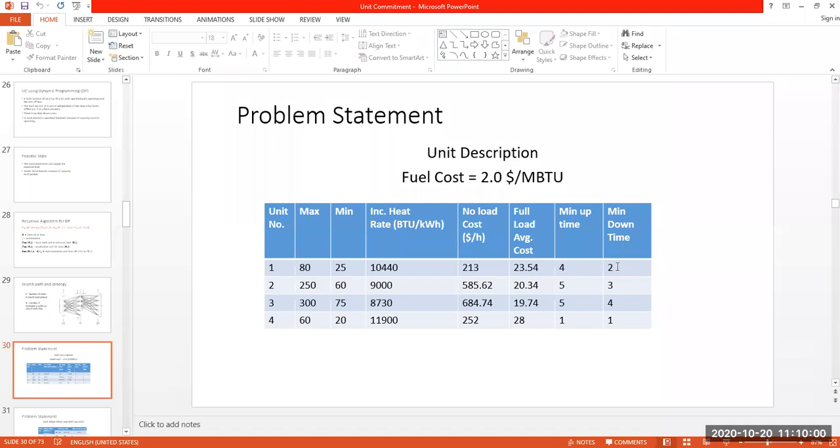On the other hand, the minimum downtime for unit number 1 is 2 hours, which means once the unit is down, that means it is decommitted, you can't think about turning it on again within the next 2 hours. Only after the 2 hours has elapsed from shutdown time can you think about turning it on again. So these 2 columns mean that.